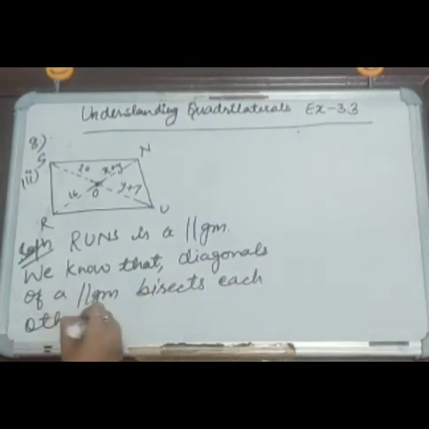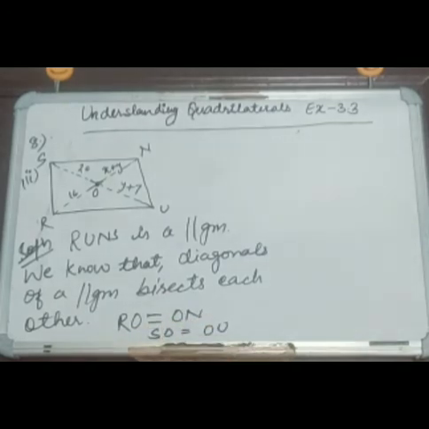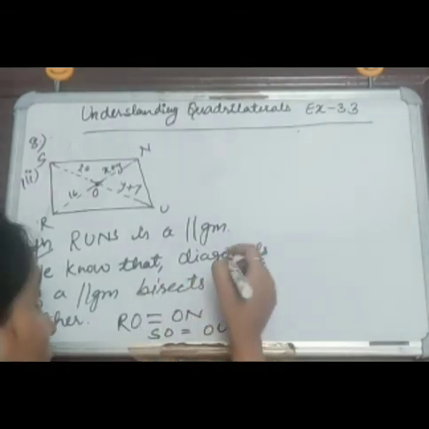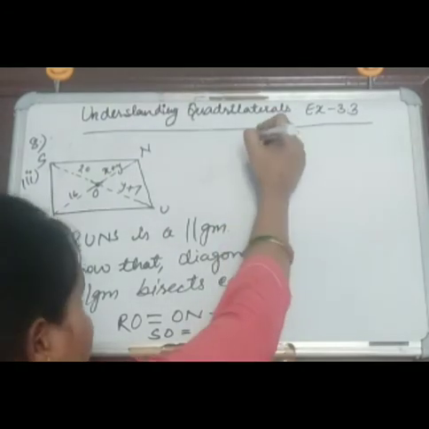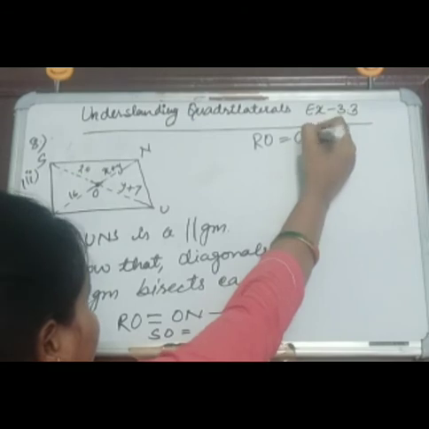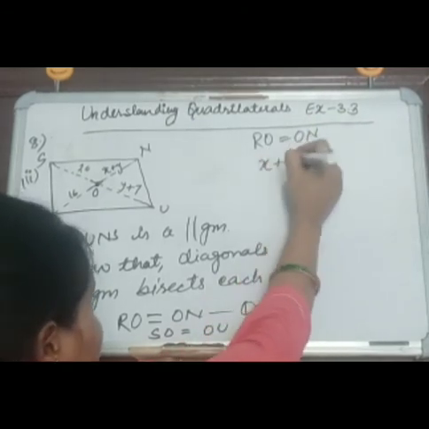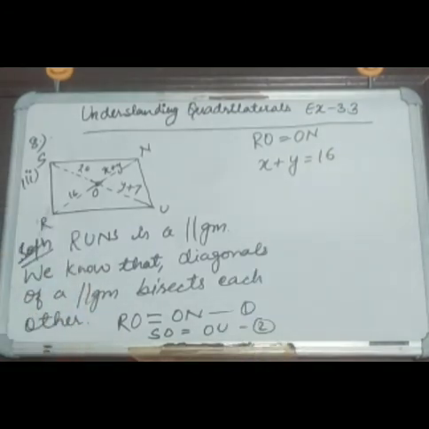So what will happen if they are bisecting each other? RO will be equal to ON and SO will be equal to OU. Got? So these two things we got. First I will use RO equal to ON. From here I get x plus y is equal to 16. Got children?